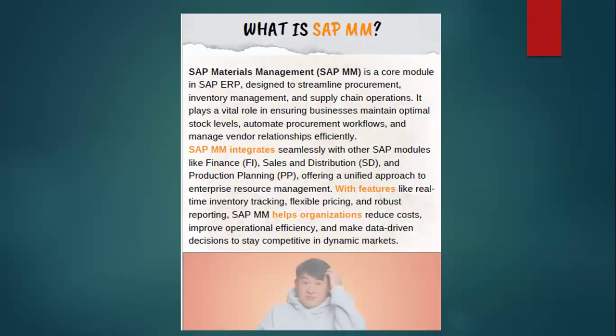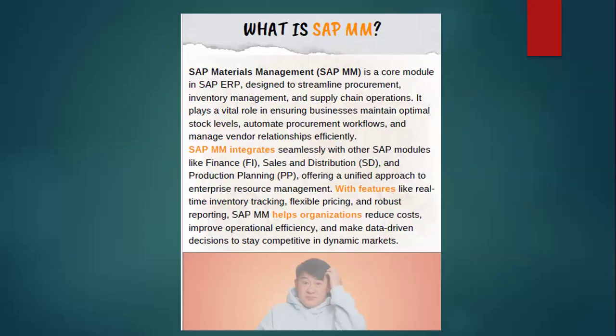So we will be coming to our main criteria of SAP MM. SAP MM, which means Materials Management, is a core module in SAP ERP that is designed to streamline procurement, inventory management, and supply chain operations. It plays a vital role in ensuring businesses maintain optimal stock levels, automate procurement workflows, and manage vendor relationships efficiently.